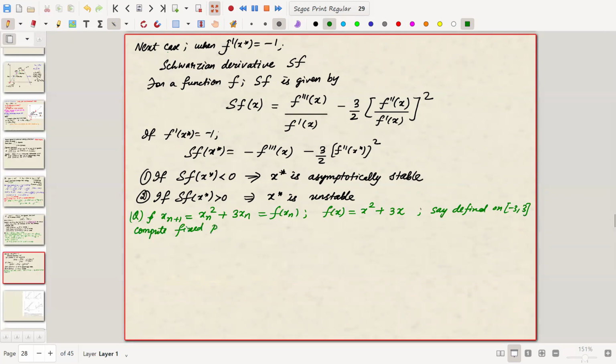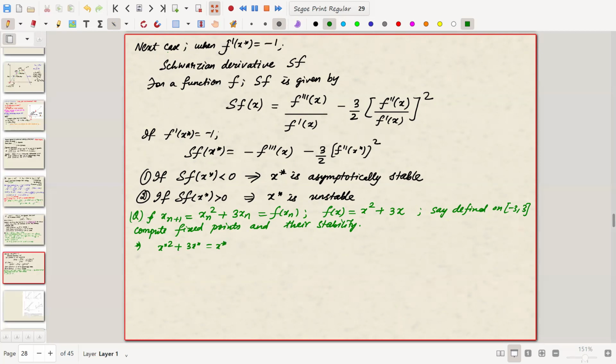So I am saying, compute fixed points and their stability. How can you compute the fixed point? The fixed point is given by x*^2 + 3x* = x*. Isn't it?